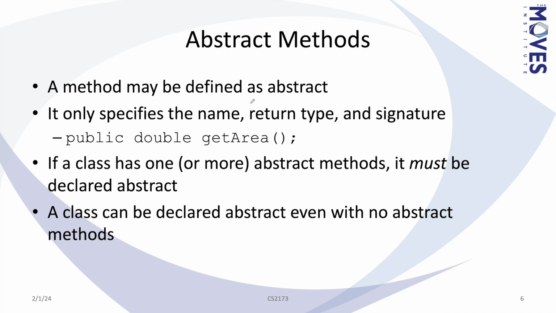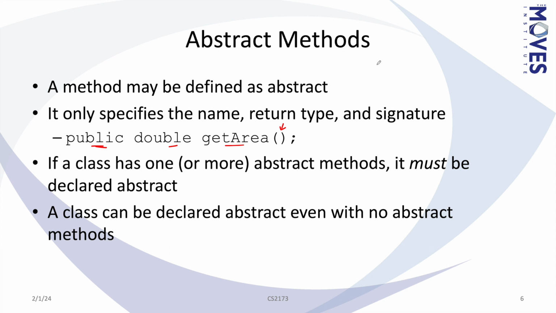Okay, the abstract methods, the way we define them is, well, you don't have to use the abstract keyword. Regardless, you still have the visibility type, the return type, the name, and optionally, if there's a signature, the signature.